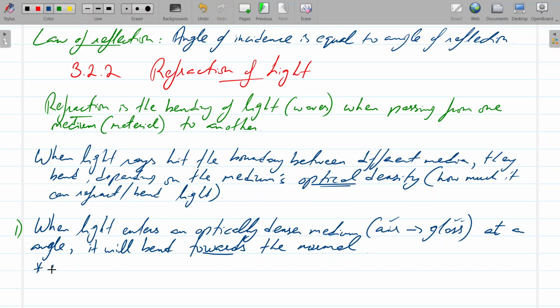Remember, the normal is a perpendicular line to the surface of the medium. Now I will share an illustration with you which will make this clear. Let me just first go over these.